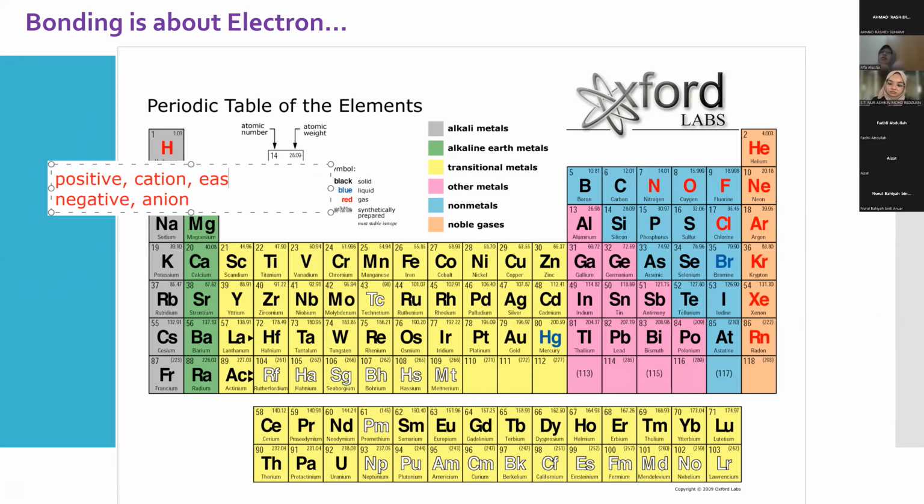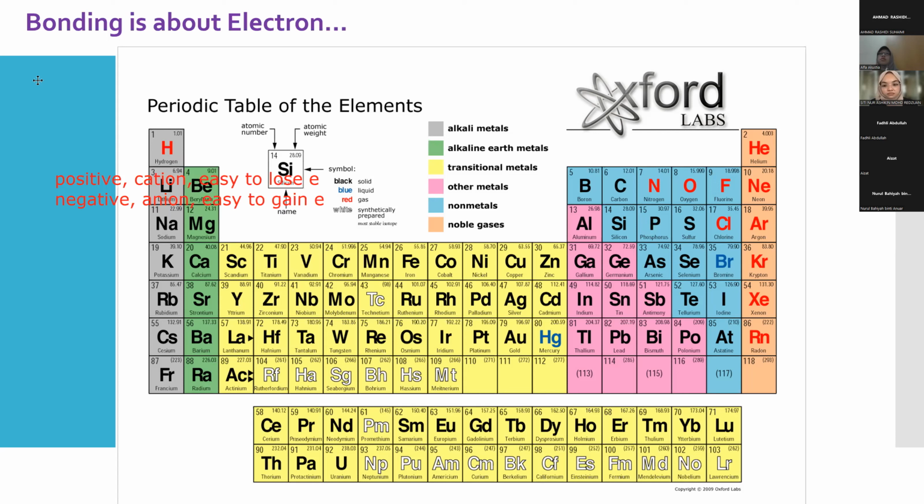Easy to lose electrons, or easy to gain electrons. Too easy to lose an electron. How do you think?